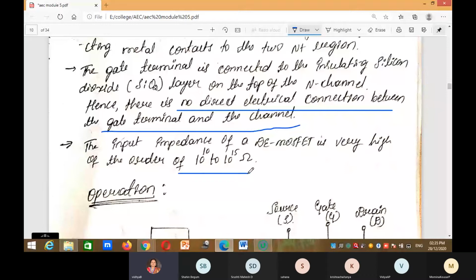You can think why the input impedance is very high. The MOSFET has no PN junction structure. Instead, the gate is insulated from the channel by a silicon dioxide layer, so due to this the input resistance will be high.